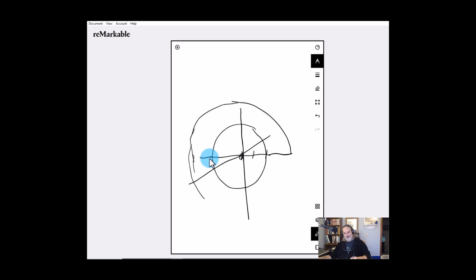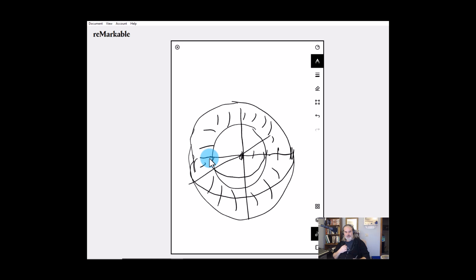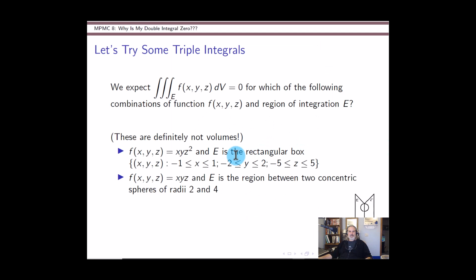So here's the bigger sphere. It has a radius of 4, so this thing's coming out like that, coming out and around like that. Okay, that's gross. But the idea is, here we are in this 3-dimensional volume E in between a sphere of radius 2 and a sphere of radius 4. And we are accumulating values of x, y, z, just to keep it simple.